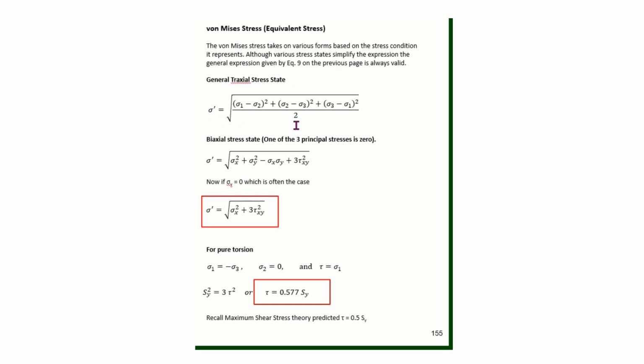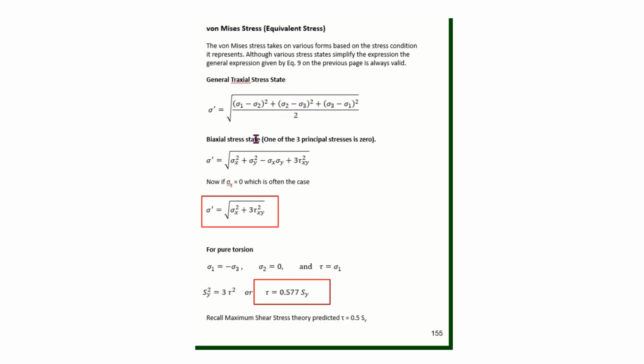The challenge with this form is that sigma 1, sigma 2, and sigma 3 are the principal stresses. So if considering a standard stress element, we need to compute the principal stresses in order to use this von Mises stress equation.